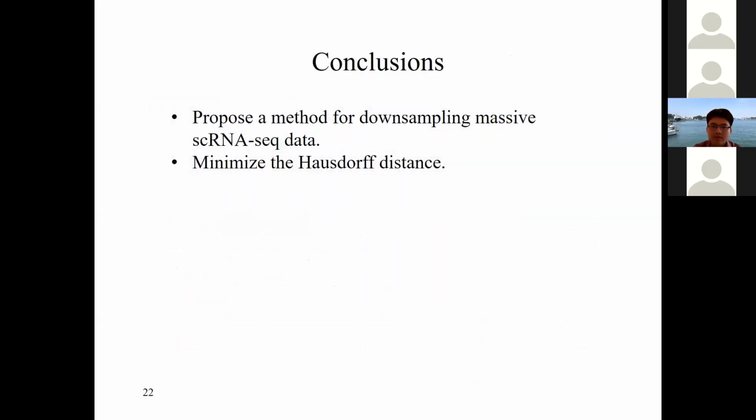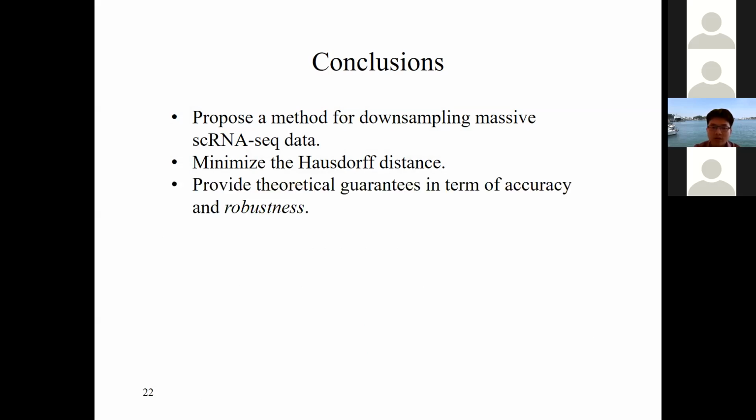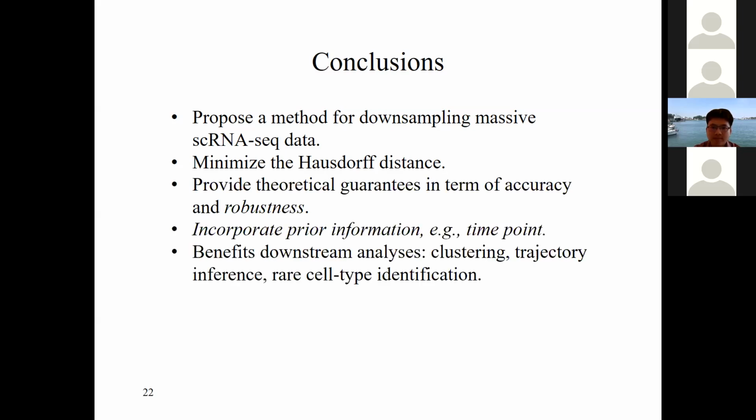And in conclusion, we propose a method for downsampling massive single cell RNA-seq data, and the idea is to minimize the out of distance. Most importantly, we provide the theoretical advantage in terms of accuracy and robustness. Although we don't show it here, in our paper we prove that our model is robust to noise. And more importantly, our method can easily incorporate prior information like cell type or collection time point, and it will help trajectory inference.